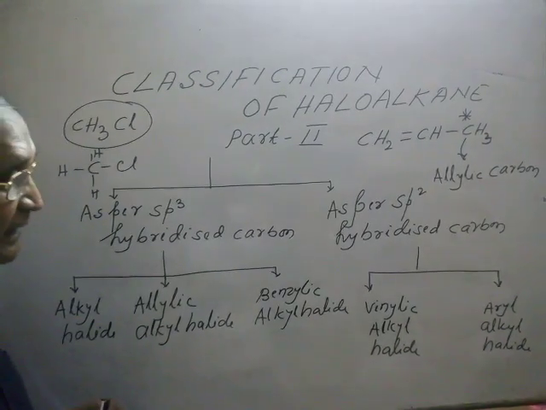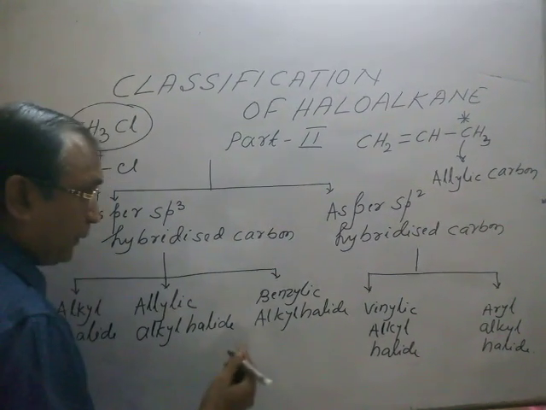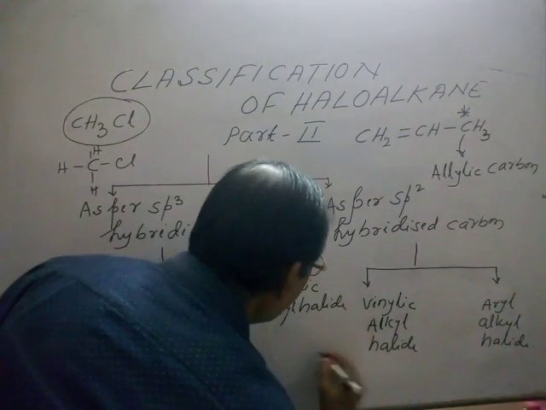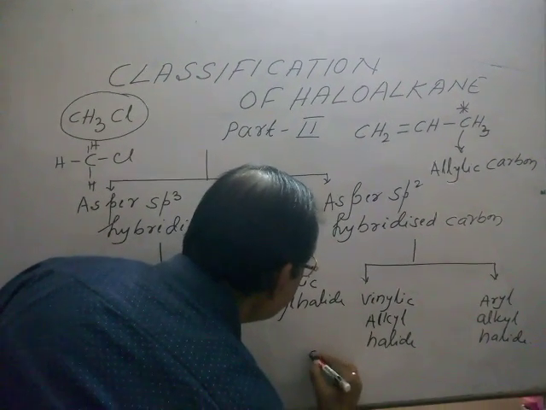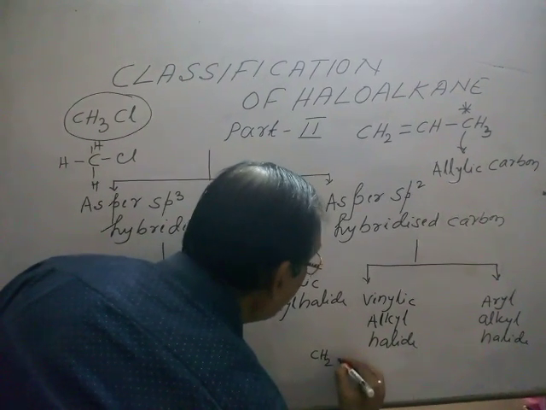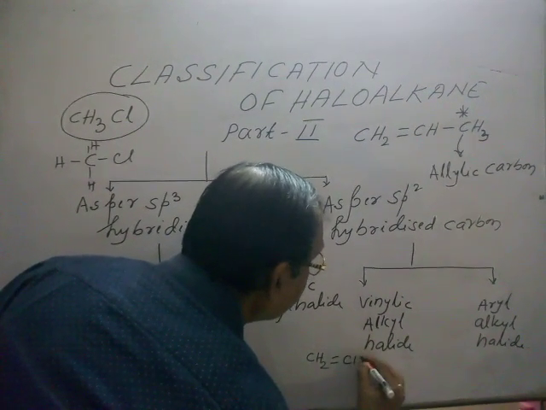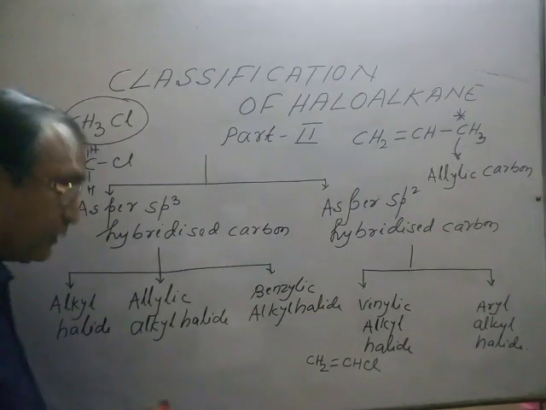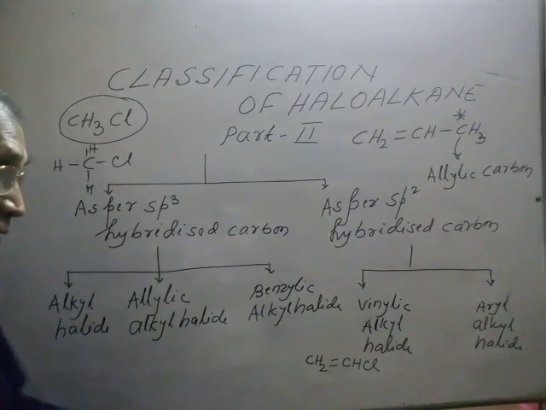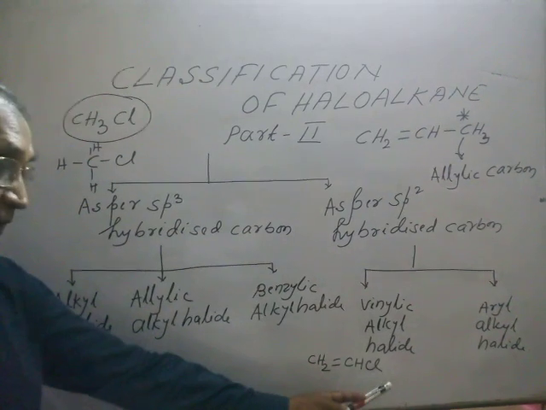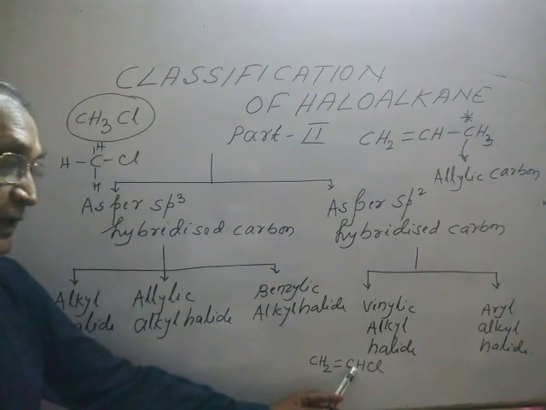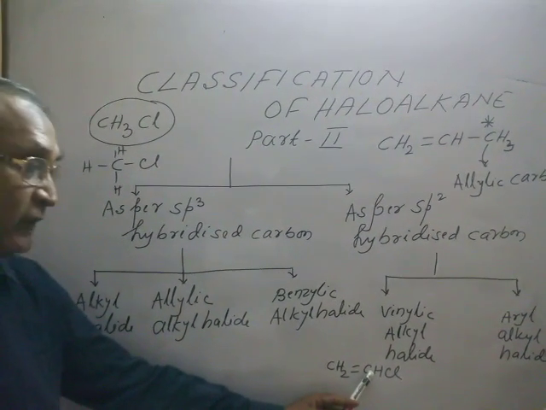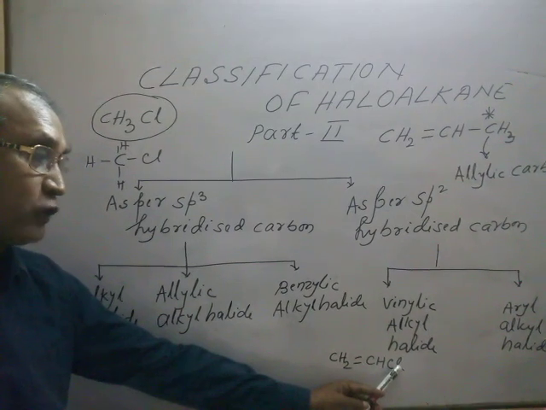Vinylic alkyl halide. If we consider the compound CH2 double bond CHCl, this carbon is our vinylic carbon, and here chlorine is joined.